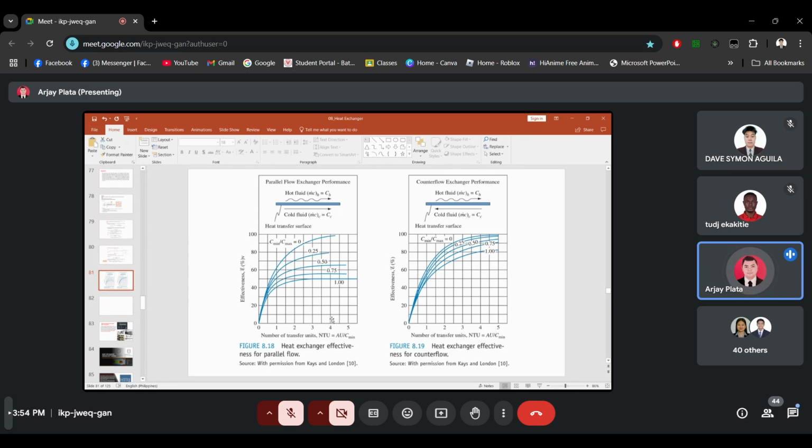If the number of transfer units is given, for example, 4, and the ratio of C min over C max is 0.75, then the value of your effectiveness is 55%, 0.55. So that's how you get the value of E.